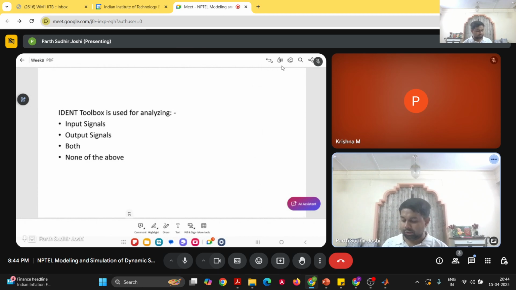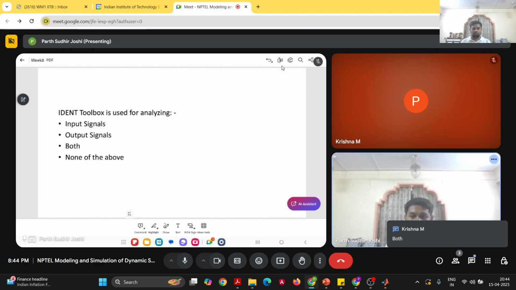The ident toolbox is basically the system identification toolbox. So it is used for analyzing what? Both. Okay, so it's used for analyzing both input as well as output signals.